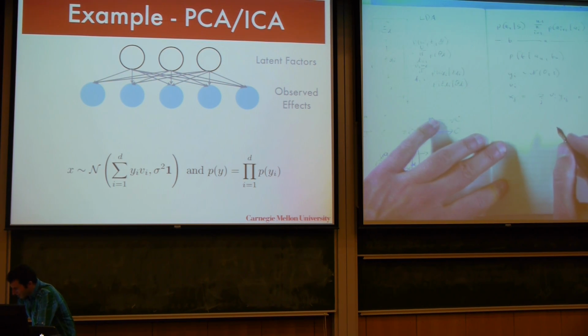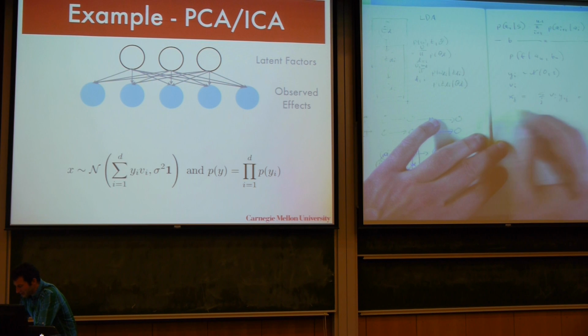So then what would be the mean of x? So first of all, what's the distribution of x in this case? So x_j is drawn from what? From a normal distribution, exactly. It has zero mean.